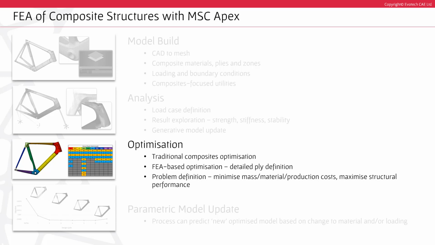And we want to maximize our structural performance again. So we've got, again, many different approaches looking at strength, stiffness, and stability. The way that this works from an optimization perspective is that all of the parameters in the model are updated simultaneously in an iterative manner to give us our objectives and ensure that our constraints are met.